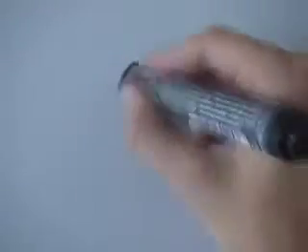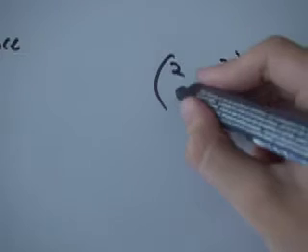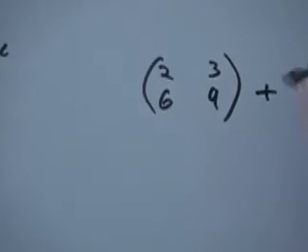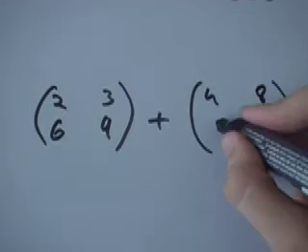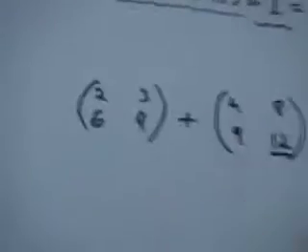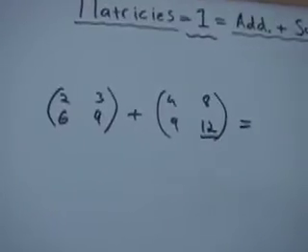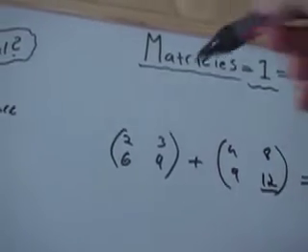Okay, so let's say you get this problem on the test. This is a very simple problem. I don't think I'd get this on a test, but let's just see. That's 12, not 1, 2. It's very important. Anyway, so you get this problem. You have a matrix and another matrix.